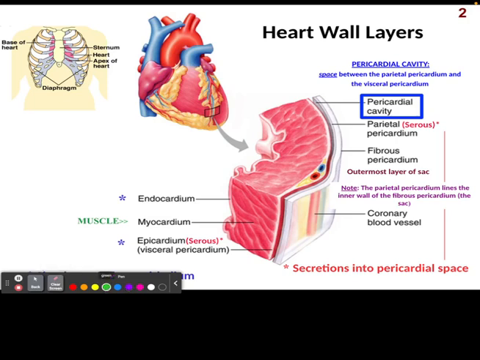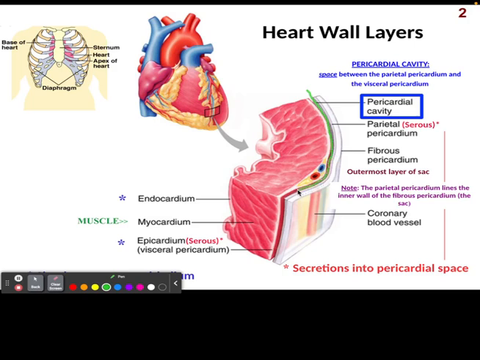Now we can discuss the pericardial cavity, which is over here in blue, but I'll circle it in green as well. The pericardial cavity is a space between the parietal pericardium and the visceral pericardium. In other words, you see this gap where I'm going to draw a green line through the gap here. See this gap between the muscle and this white connective tissue?